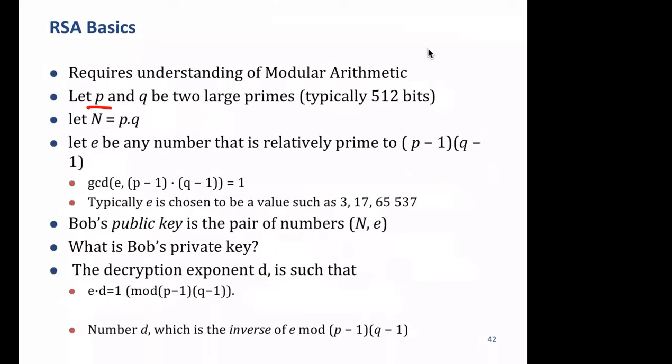P and Q are large prime numbers, usually 512 bits each. As a result, you get N equal to P times Q. E is a relative prime number. You know what a relative prime is? It could be any prime number such that the GCD of E and (P minus 1)(Q minus 1) is 1.